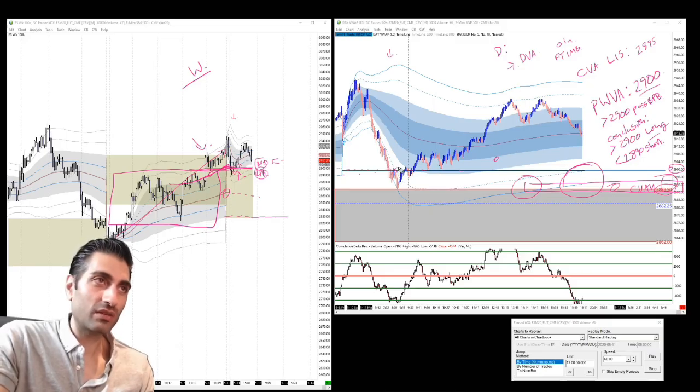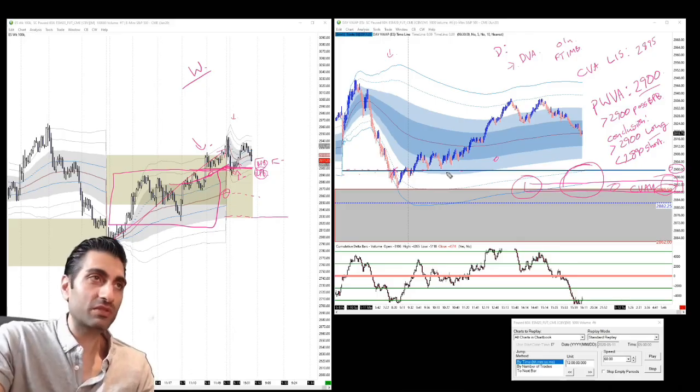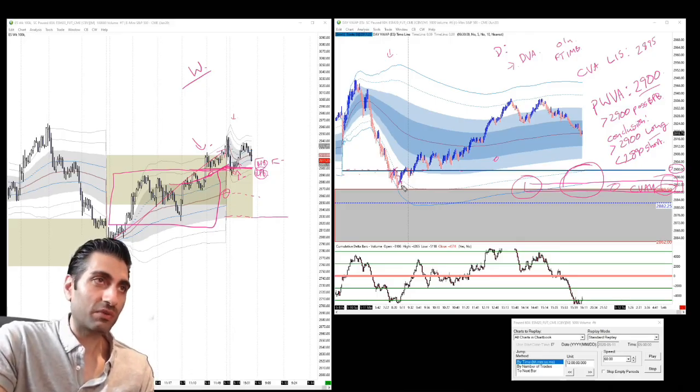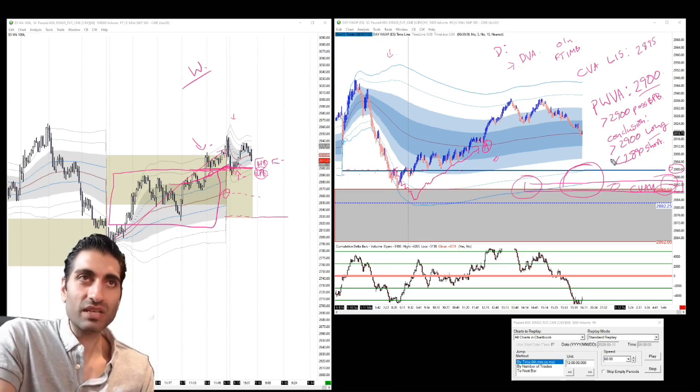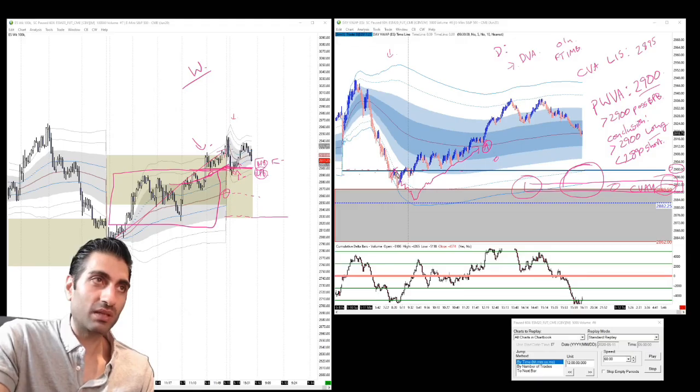I prefer to just say, yep, I'm here right now. What's my preferred hypothesis? My preferred hypothesis is we come down, bounce off the POC, and then head back up. That's my A. I've taken into account all of this. By all means, write it down, but then start to think about what your hypothesis would be.